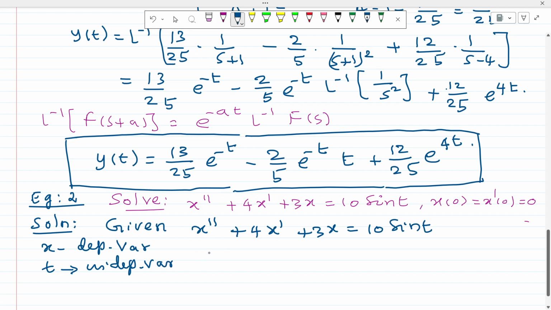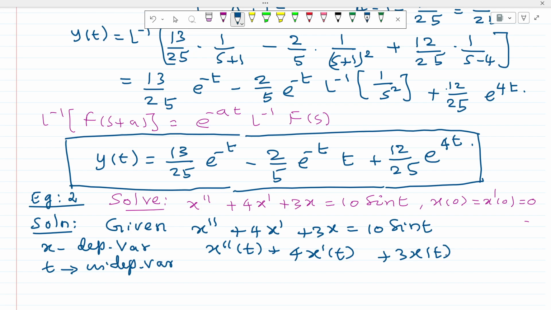So this can be written as x double dash of t plus 4x dash of t plus 3x of t. In the last problem it is given in terms of y, na. In this problem they are given in terms of x. Only the dependent variable changes, the independent variable does not change.